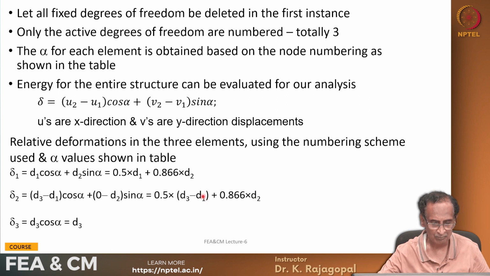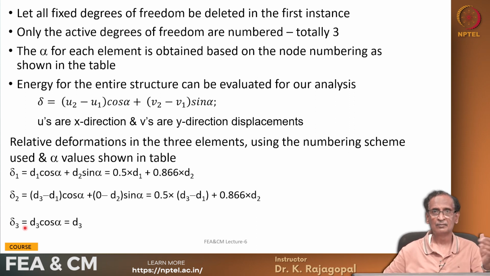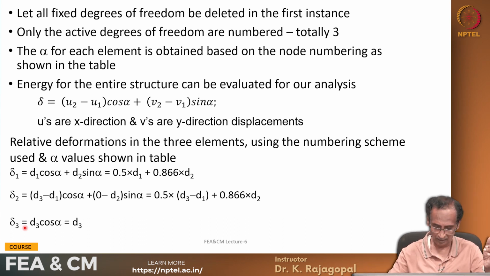So this is the relative displacement in element 2, and delta 3 is d3 minus 0 because the left hand side is fixed. So d3 times cosine alpha, that is simply d3 because alpha is 0 for this horizontal element.